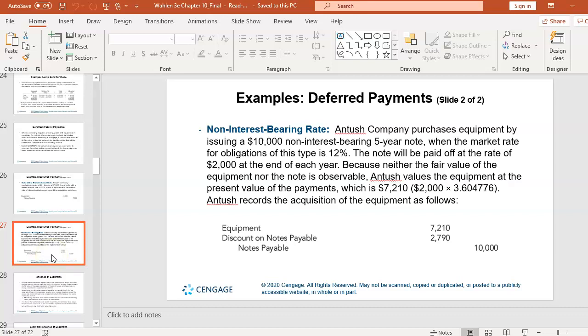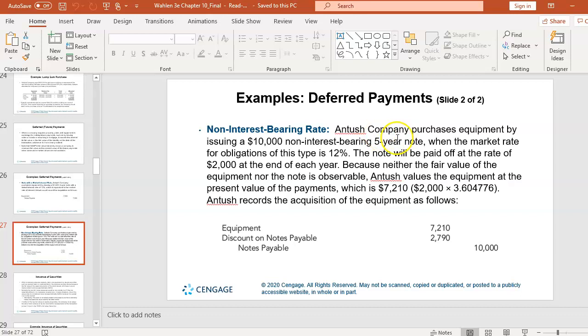And then also in accounting principles, I'm sure you learned a little bit about interest, and especially when it comes to notes. In GAAP, there's really no such thing as a non-interest bearing note. I mean, those exist, but in GAAP, you always have to record interest.